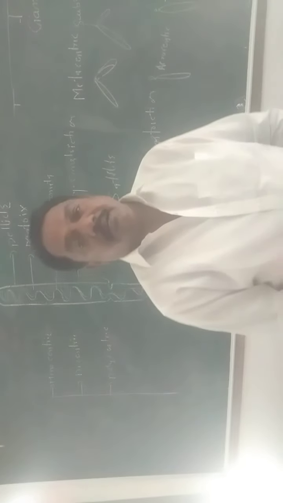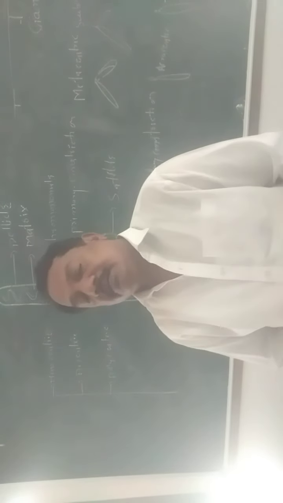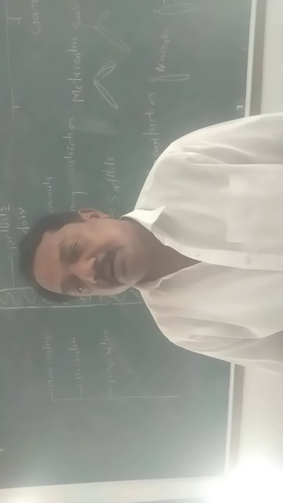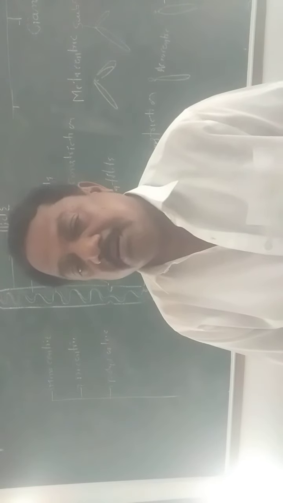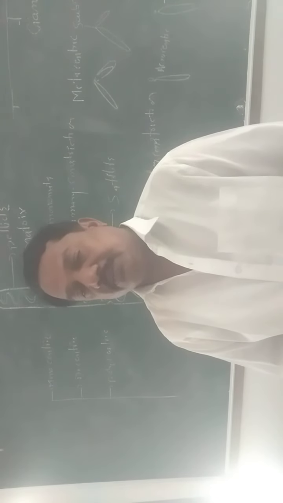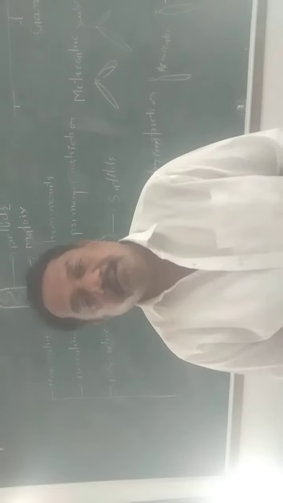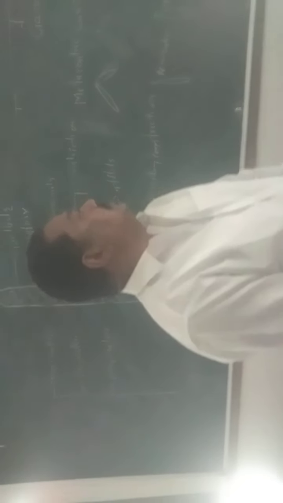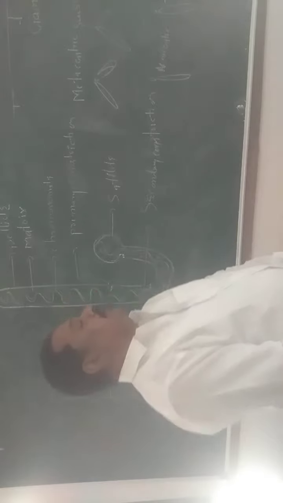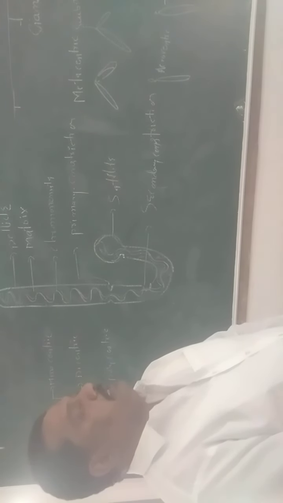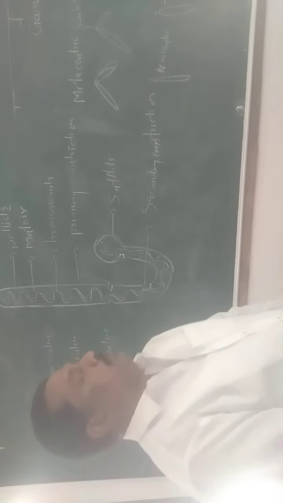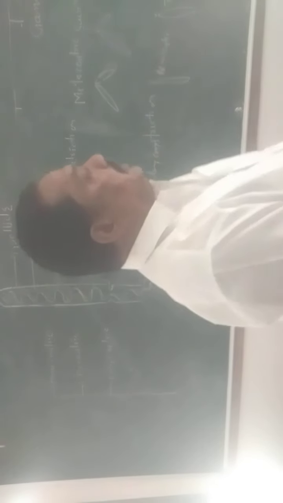In the center, metacentric. Between the center and one end, submetacentric. Near one end, acrocentric. At the tip of the arm, telocentric. They look like V, J, L, and I shapes. Like that, chromosomes are classified into four main categories.